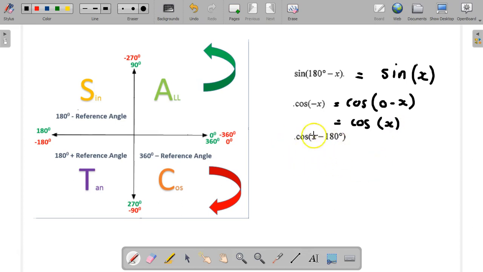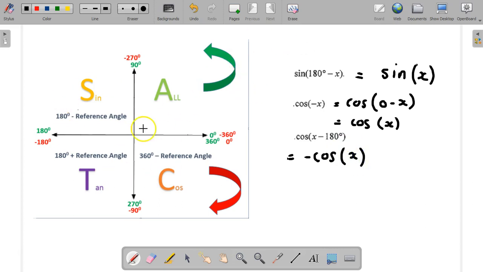And then lastly, if I look at this one here, cos of x minus 180, I use the same concept. So where is my reference angle? It's minus 180. So here's minus 180 here. So I'm starting here. And then x is positive, which means I'm moving in the positive direction. And you'll notice that it brings me into this third quadrant, and I know cos is negative in this third quadrant, so I know that I can simplify this as equals negative cos of x.